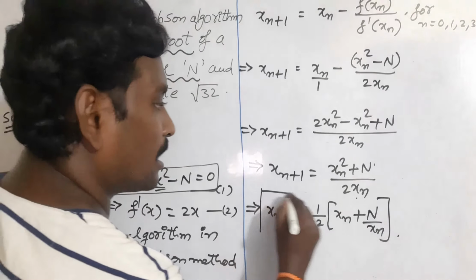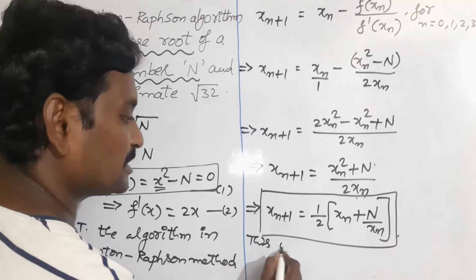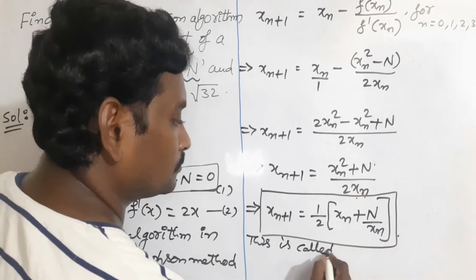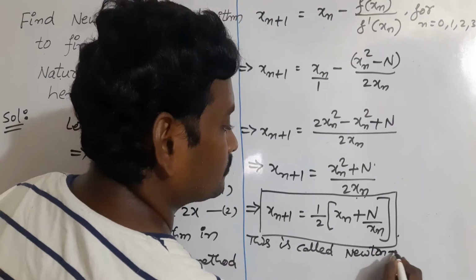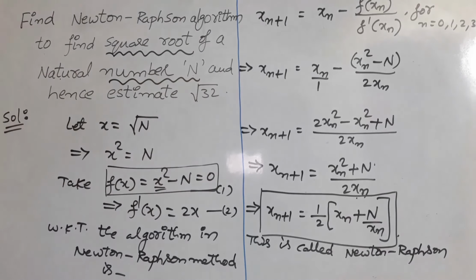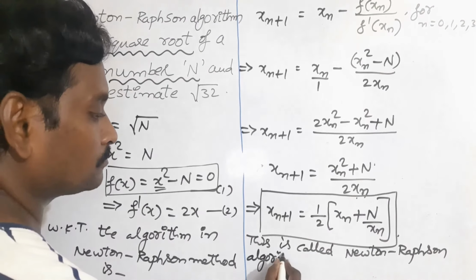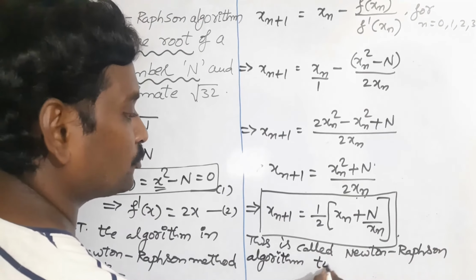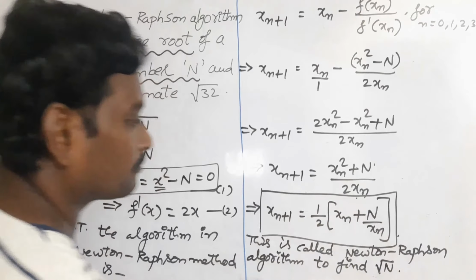So this is called the Newton-Raphson algorithm to find the square root of capital N.